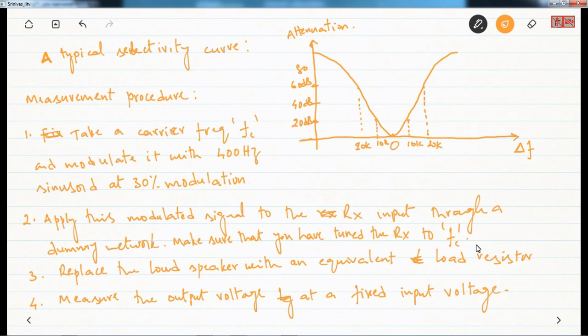Now you are varying the input frequency, sorry, not the input amplitude. Keep varying the input frequency while keeping the input amplitude fixed, and note down the output amplitude. And then what you do is take the ratio.